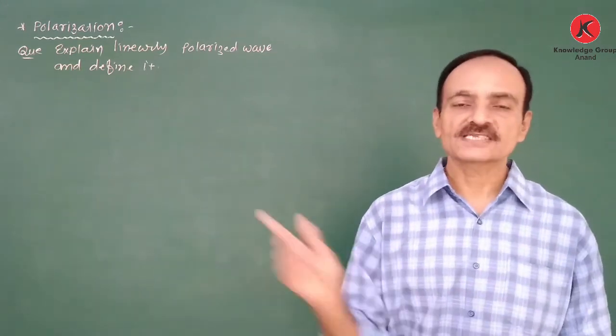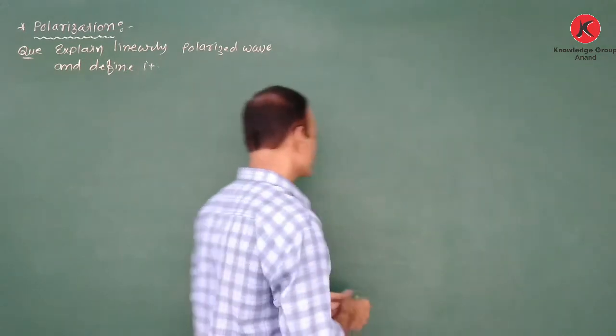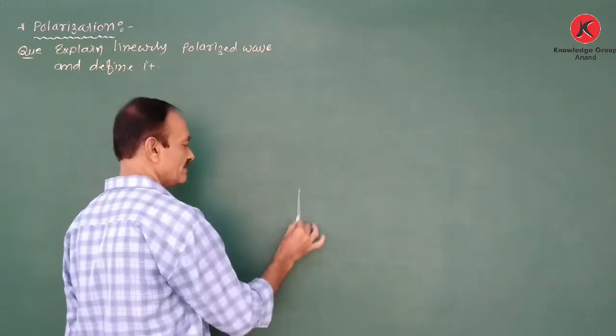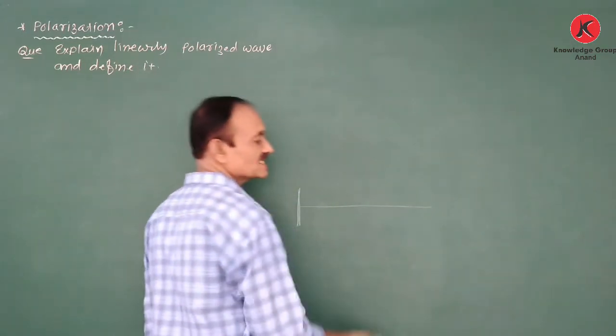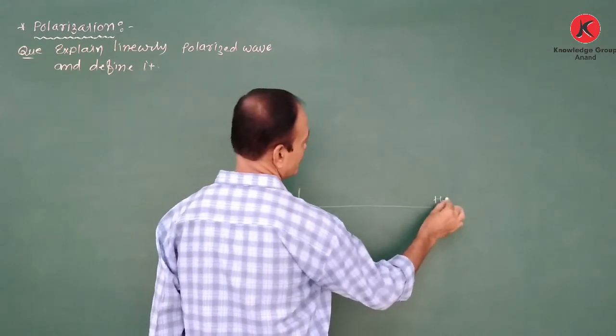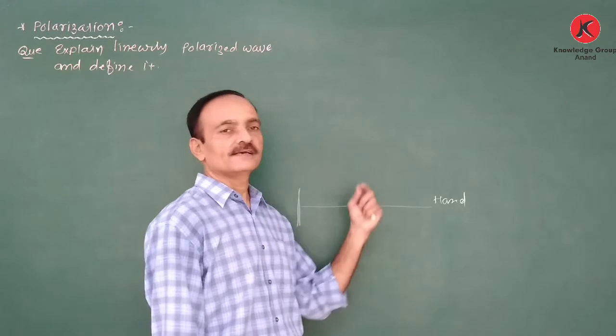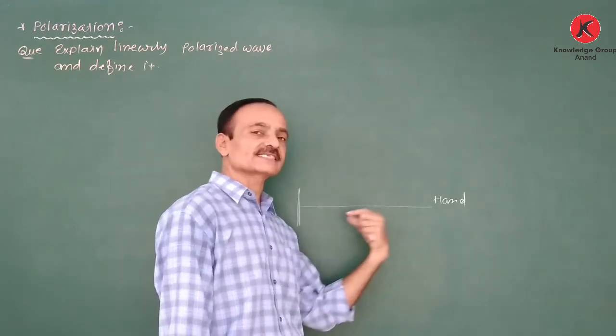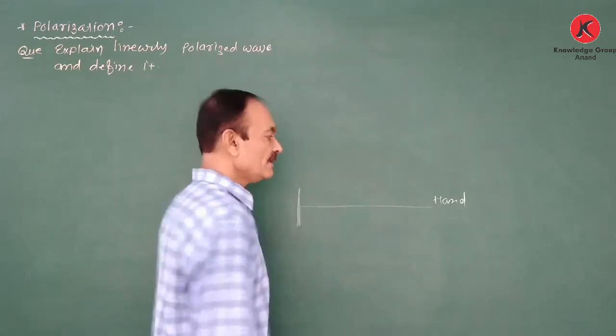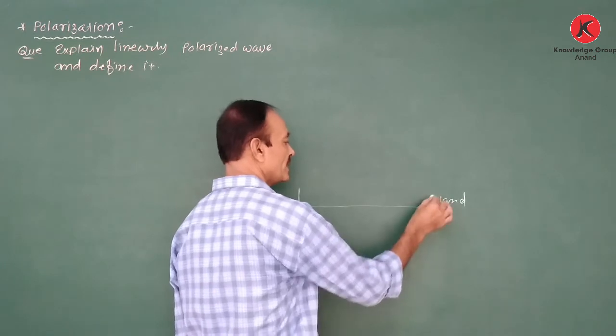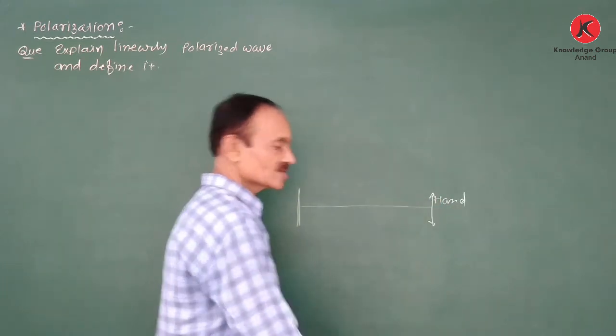Now, suppose one end of a string is tied to a fixed support and the other end is held in our hand, and this long string is kept horizontal. If the hand is moved up and down periodically, what happens?